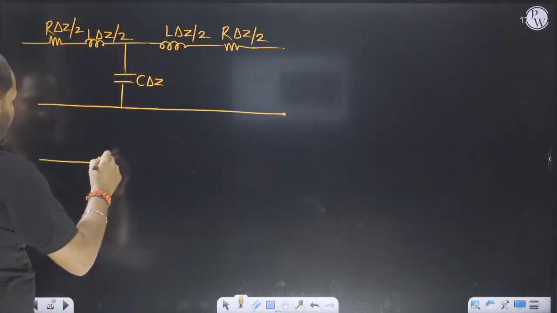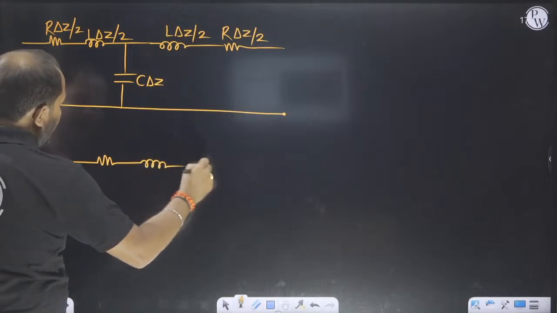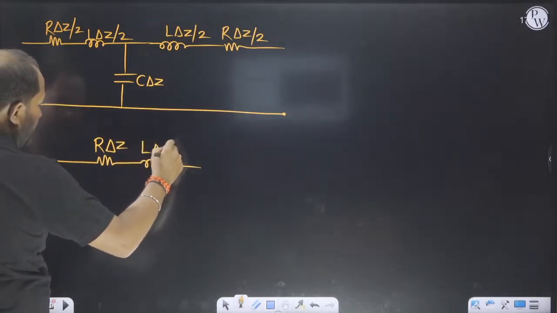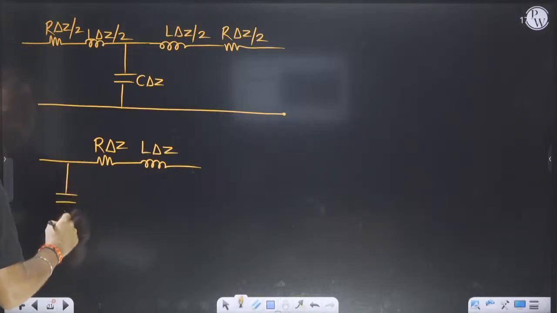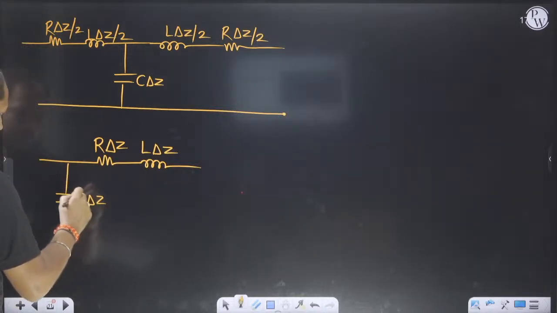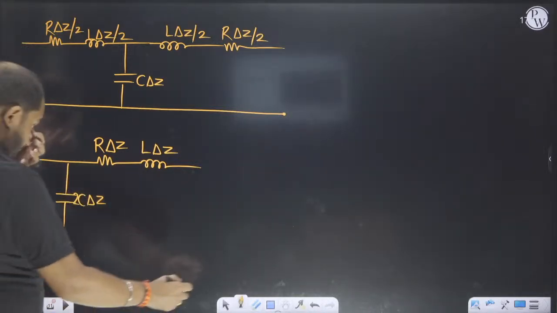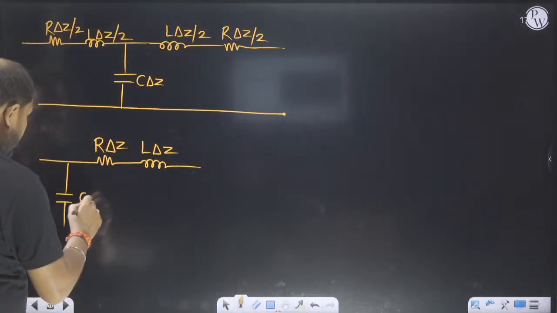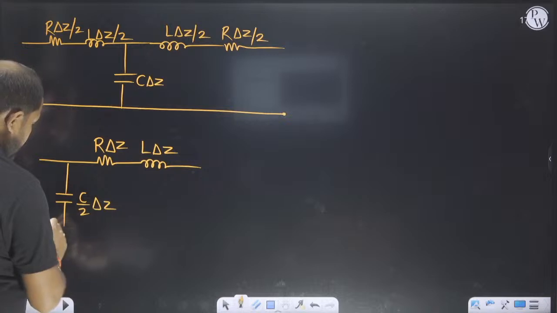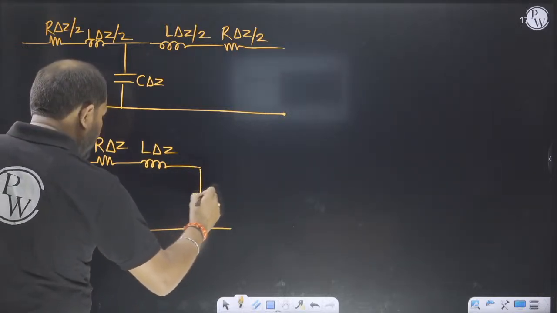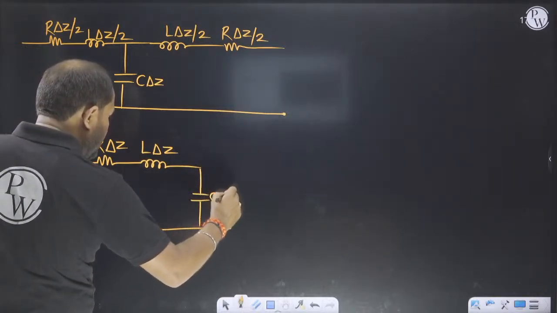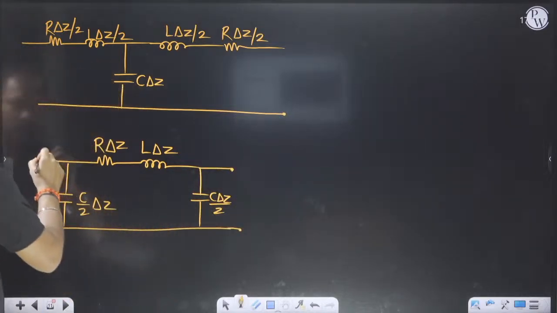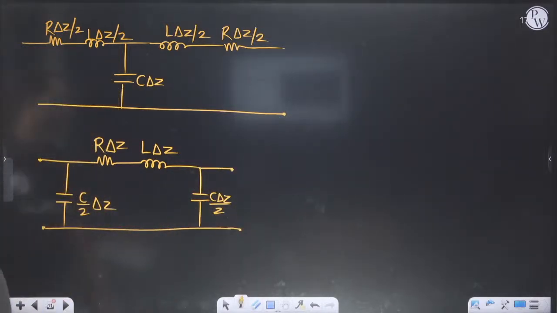In case of pi network, it is R into delta Z and L into delta Z, and there is a capacitance C by 2 into delta Z on each side. Because G is 0, I will take it as an open circuit.